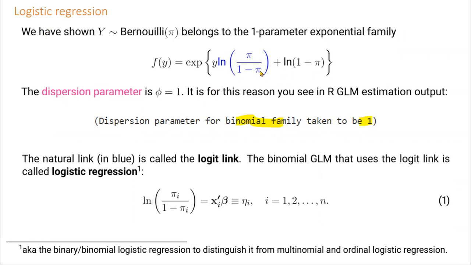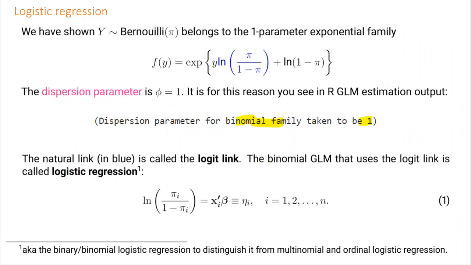Now, the bit highlighted in blue here is the theta, the canonical parameter, and that's going to be the natural link. So the binomial GLM that uses this canonical link, which is called the logit link, is called a logistic regression.